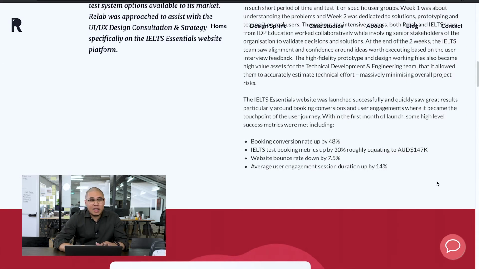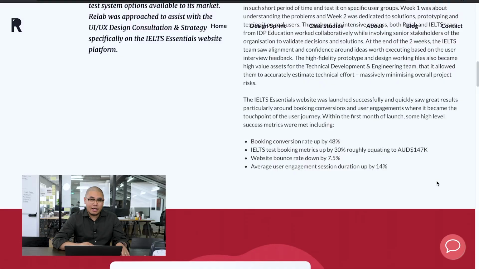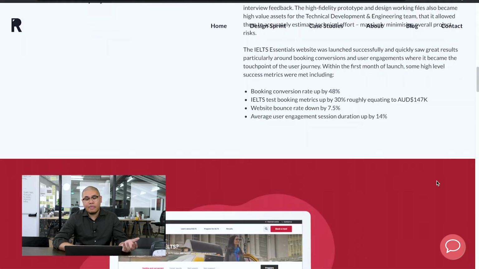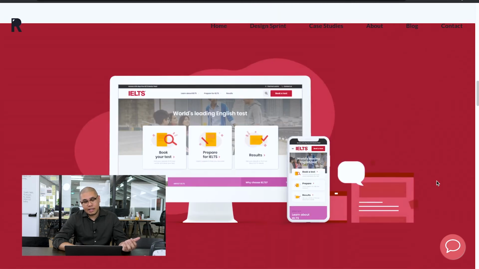Unfortunately, the design sprint isn't so fancy when it comes to visuals, but that's where we come in as Relab, the agency capability, because we are UI UX design experts, and we saw the value of working with us in a design sprint process, or having us facilitate a design sprint process, is we're really good in prototyping, right? And so I'll just show you some of the prototype examples.